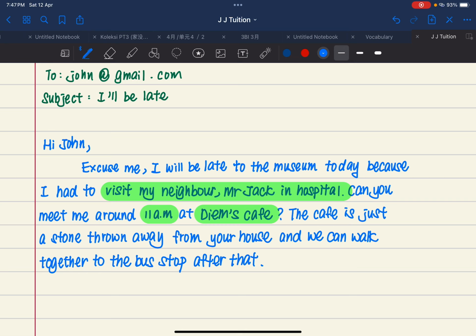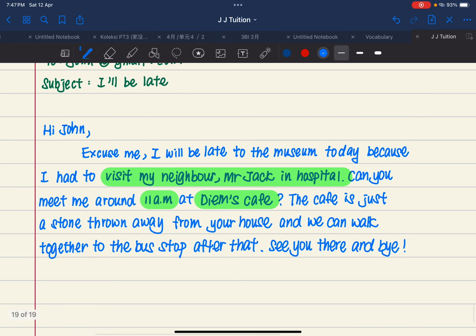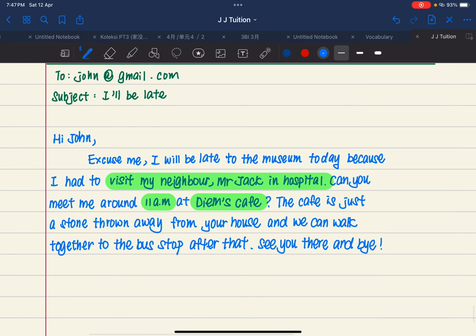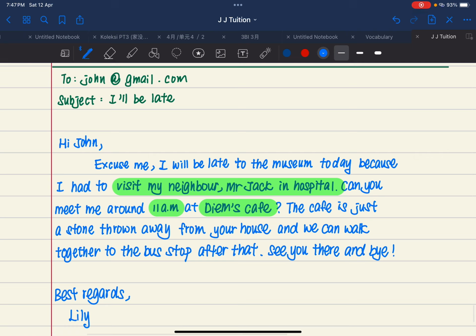So for example, we can write down see you there and bye. We already finished our short communicative message. So write down here, best regards. You can write your name, for example Lily.